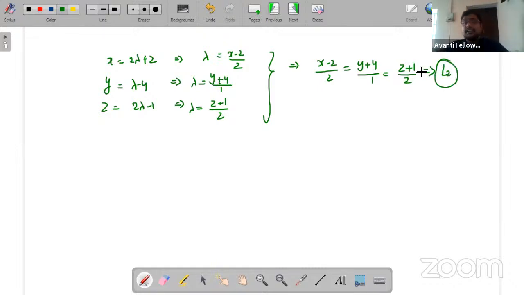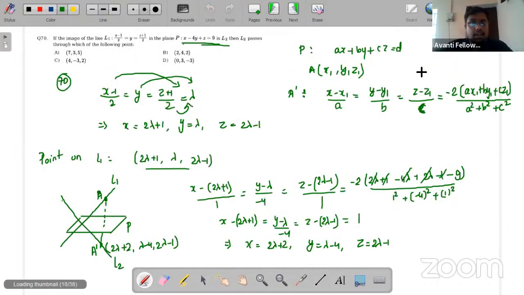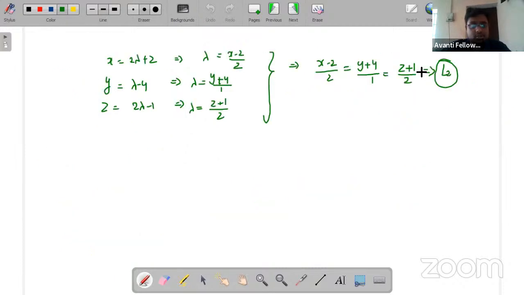Are you able to get it? Clear? Now we have to check which point is passing through this line L2, so I have to check randomly. Using the first option, 7, 3, 5: 7 minus 2 by 2 is 5 by 2, but 3 plus 4 is 7, so A is wrong.